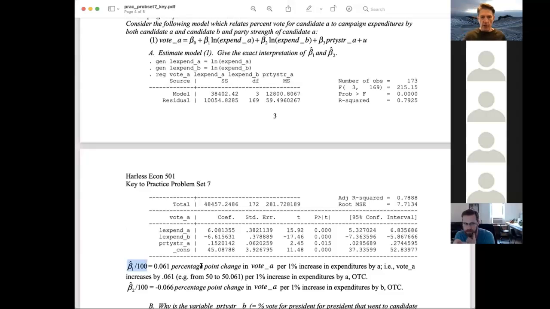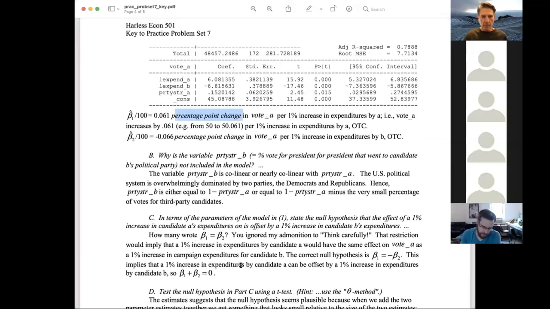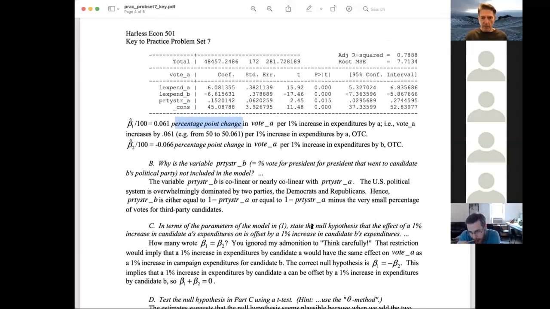So it's a percentage point change in the dependent variable per a 1% increase in expenditure by A or expenditure by B. And then I said, let's think about, in terms of the parameters, stating the null hypothesis that the effect of a 1% increase in candidate A's expenditures is offset by a 1% increase in candidate B's expenditures.